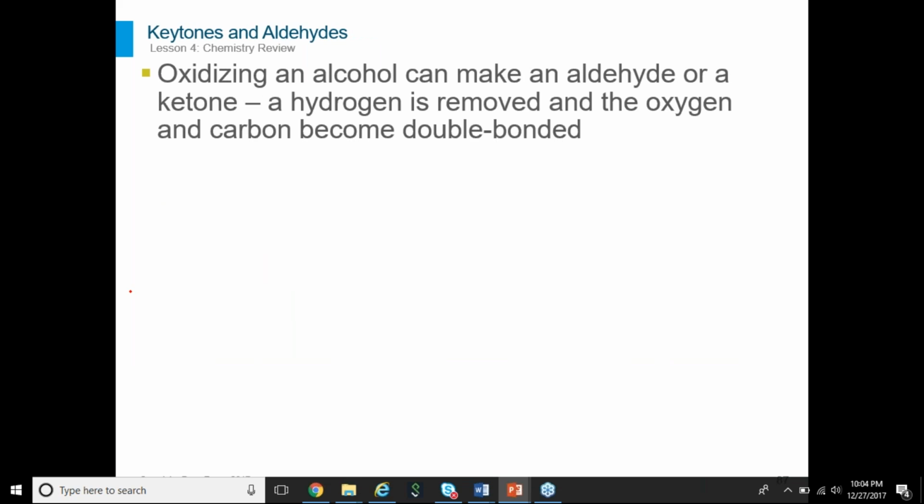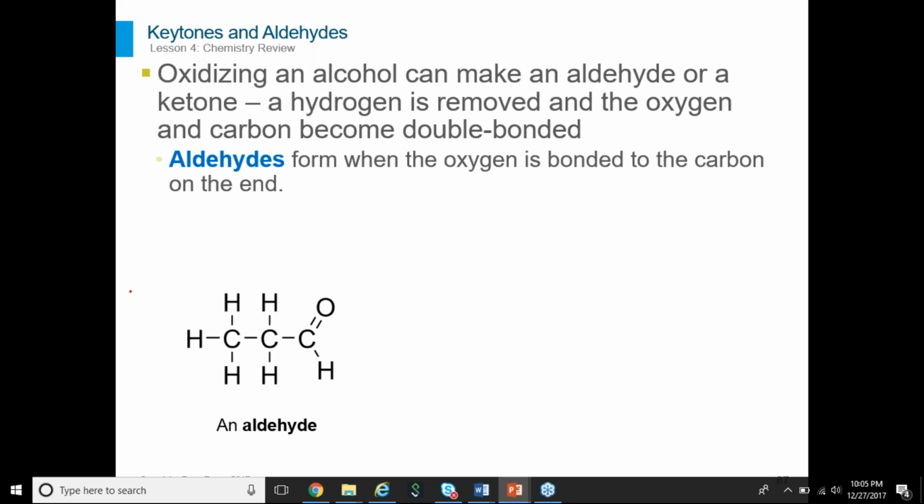Some other things that we could do to get different molecules, if you start with an alcohol and then oxidize it, you can make other things, ketones and aldehydes for starters. So to oxidize it, that means from that alcohol, a hydrogen is removed, and the oxygen and carbon become double bonded. It's from the OH radical that makes an alcohol.